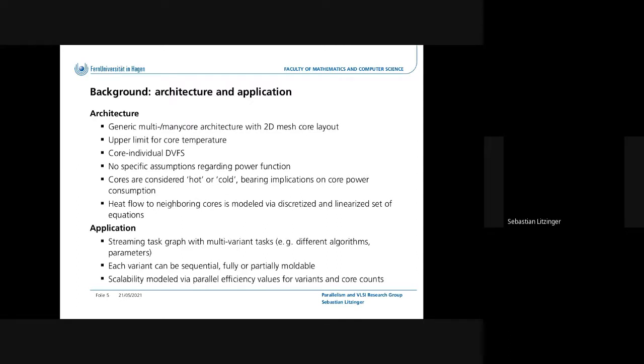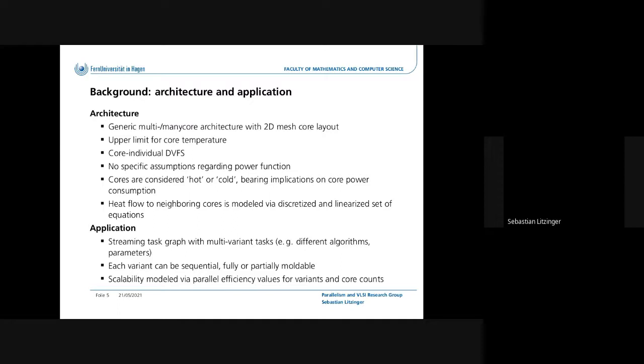The application, as I've already said, would then be characterized by a streaming task graph, and we allow for multiple variants of tasks. That could mean different algorithms or different sets of parameters, maybe, where each of these variants can either be sequential or parallelized to some degree, but where the number of cores the task is executed on does not change at runtime, so this is determined in advance.